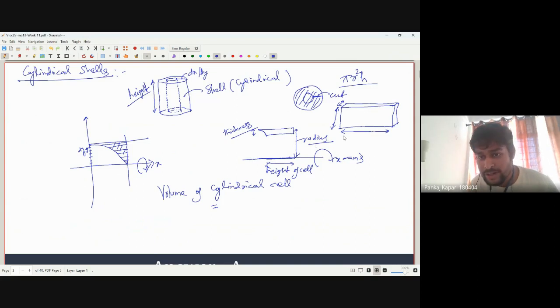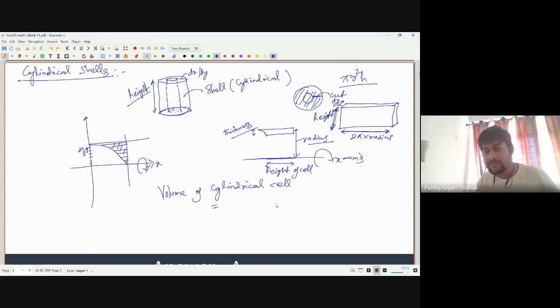So how do we find the volume of the cell? This length is 2 pi r, where r is the radius. So 2 pi times the radius, right? It's like the perimeter of the circle. The perimeter of this base we are finding. And then we have this height of the cell, and then we have this dy.